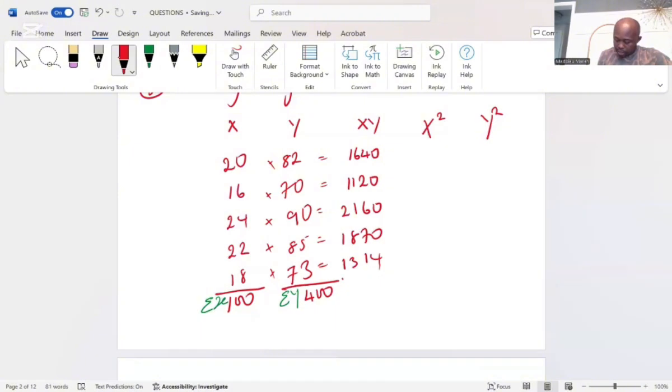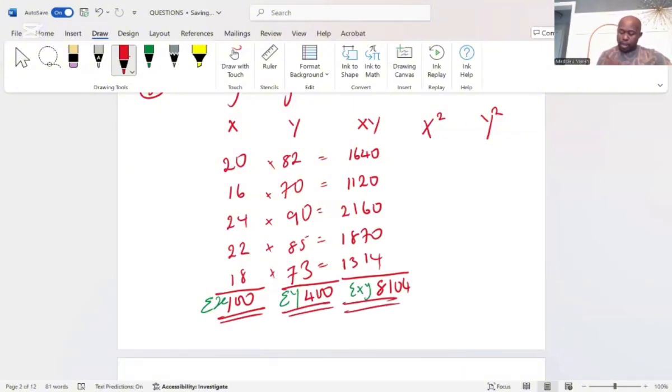Okay. And I total this one, it will give me my sum of xy, which is equal to 8104. 8104. Okay, we are close already. We're very close now.